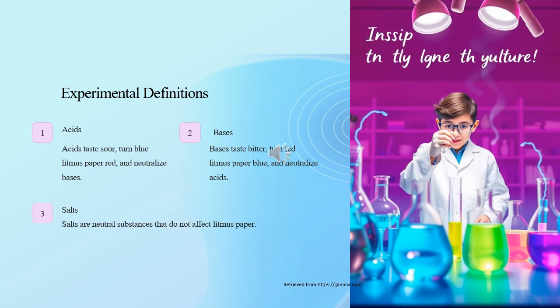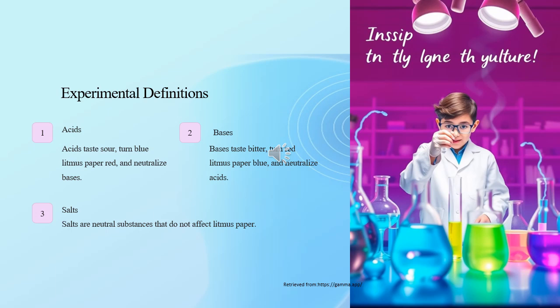Bases are substances that produce hydroxide ions when dissolved in water, a property confirmed through color change reactions with indicators and their reactions with acids. So bases taste bitter, turn red litmus paper blue, and neutralize acids.